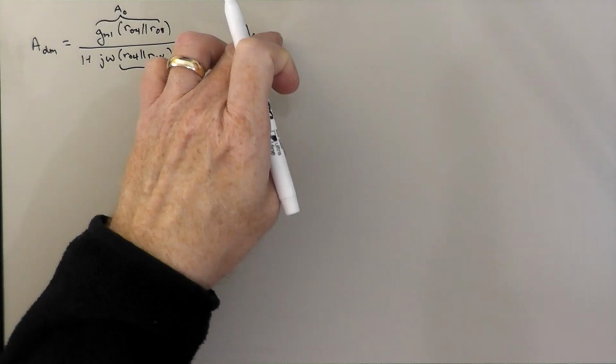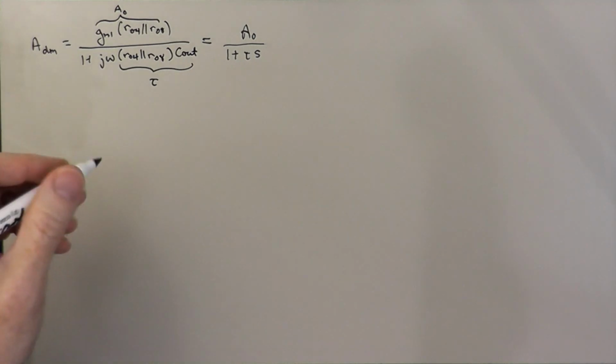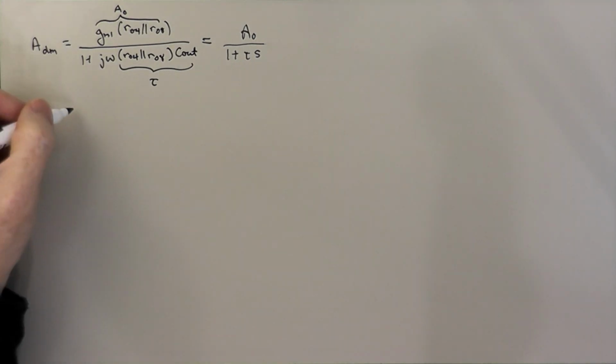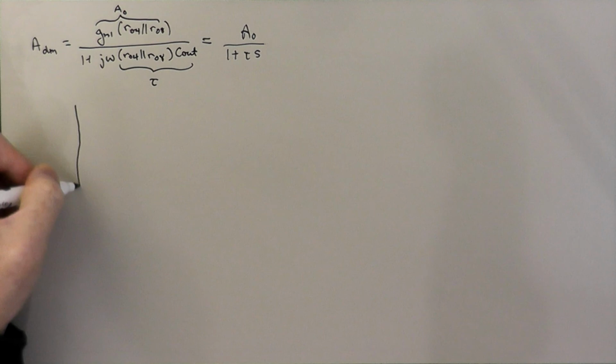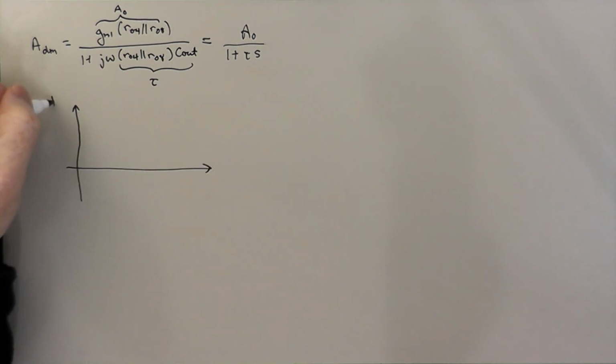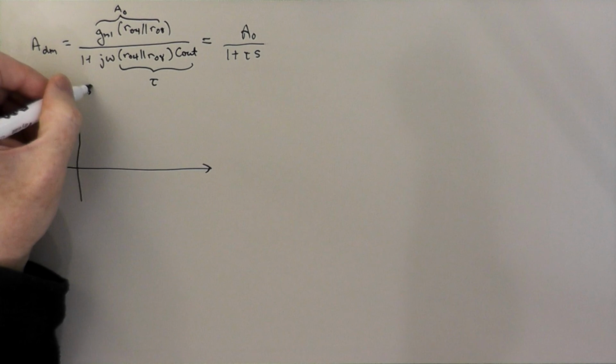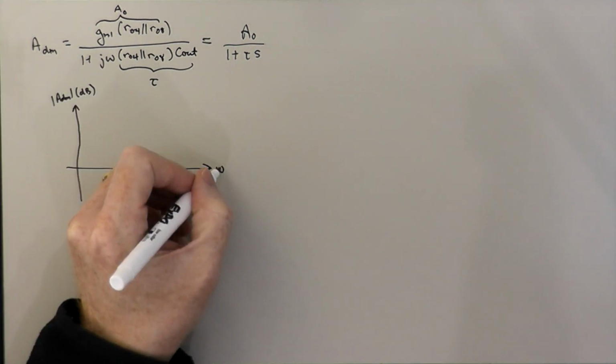And so just to remind you what a Bode plot looks like, we have two plots that we make. One is the magnitude of ADM, and it's expressed in decibels typically, versus omega, and this is on a log scale.